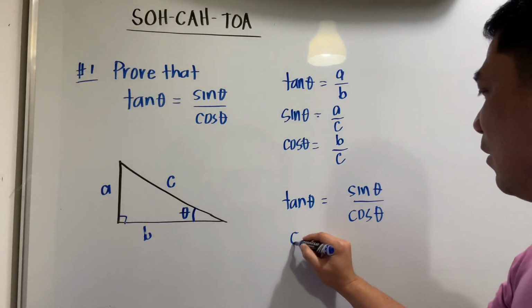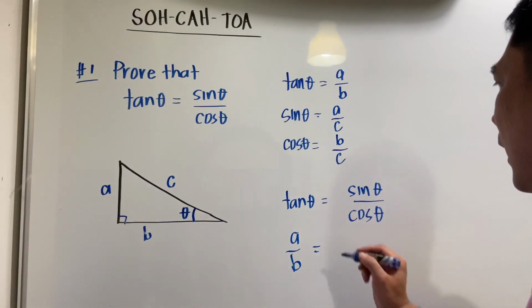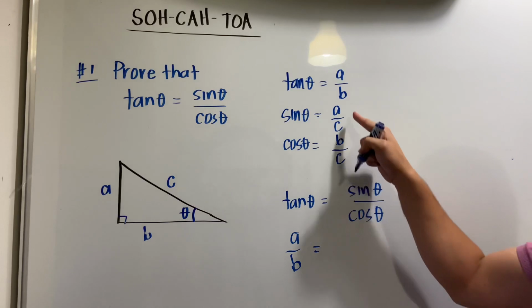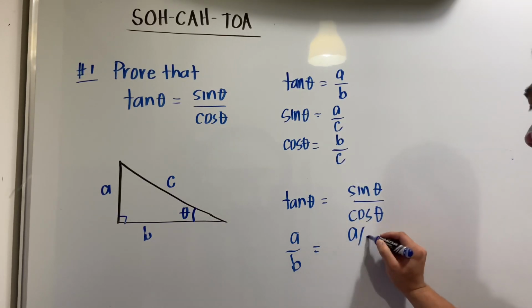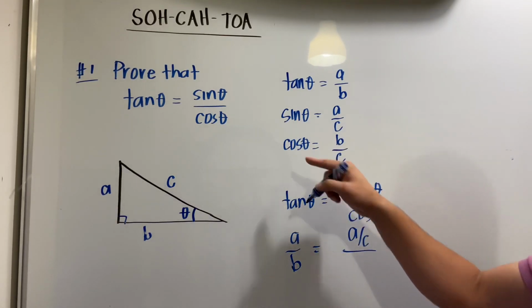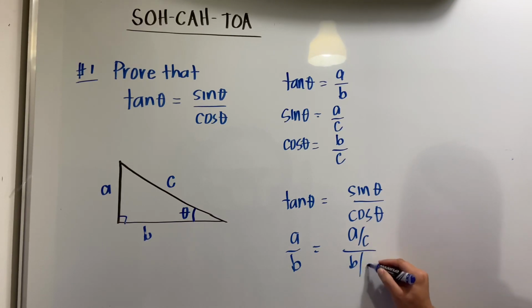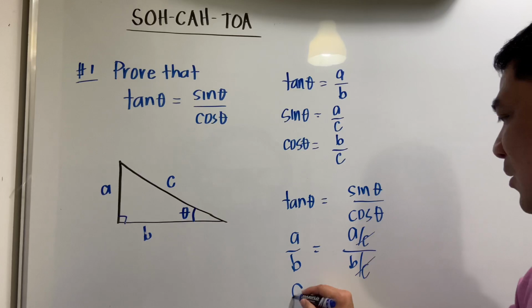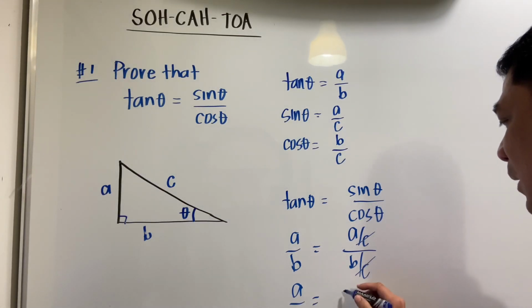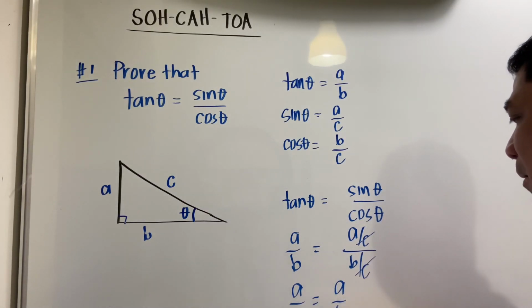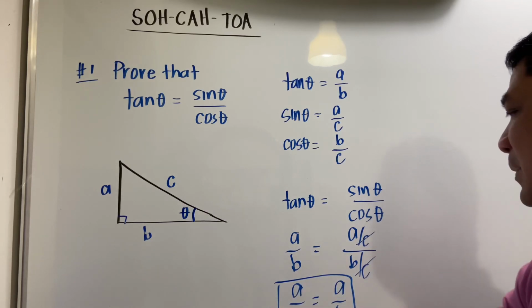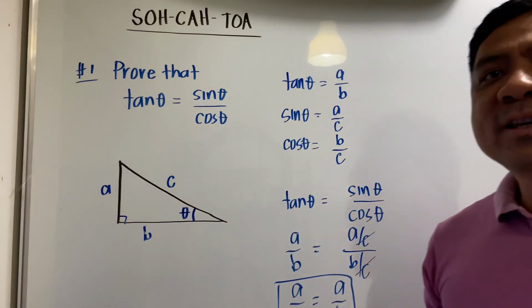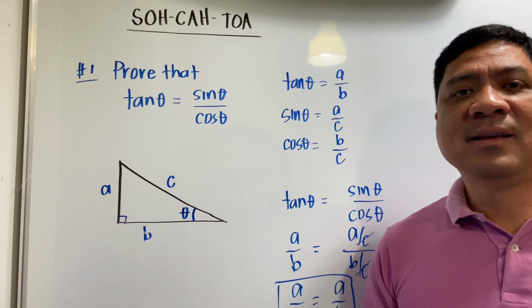Tangent is A over B, and then if I substitute sine theta, which is A over C, and cosine, which is B over C, you will notice here that C will cancel. So A over B is equal to A over B. That proves that tangent theta is equal to sine theta over cosine theta.